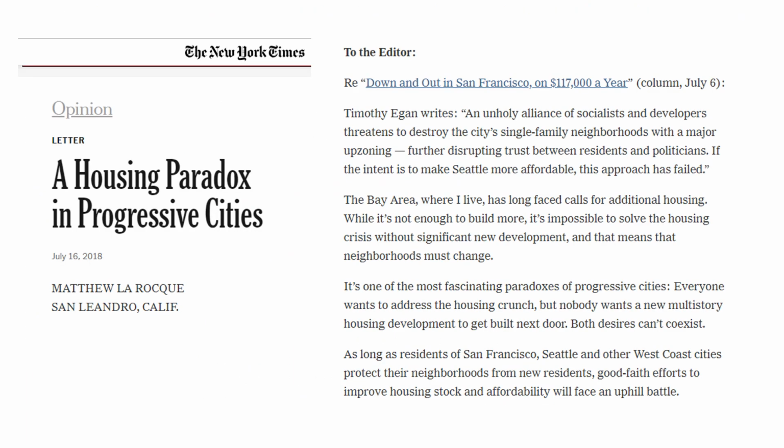So this is a letter to the editor. It can also be considered commentary. This letter was published in the New York Times recently. The letter is commenting on a letter published on July 6th. It's linked there. Matthew LaRocque, the author of this letter to the editor, is quoting Timothy Egan in quotation marks.